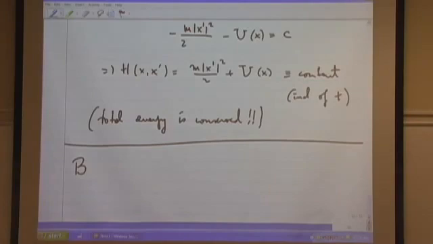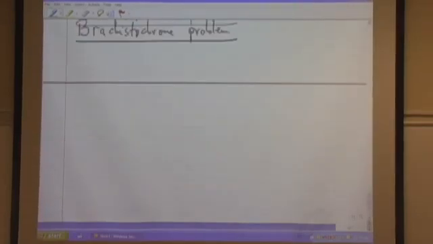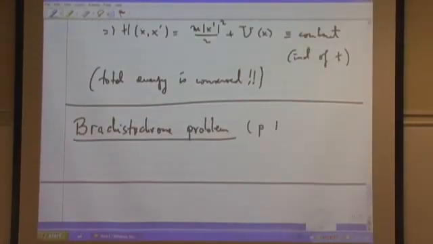Okay, so let me talk about one very famous variational problem, the Brachistochrone problem. So we're going a little bit back and forth, but this chapter is so huge that we're not going to be able to cover the whole thing.